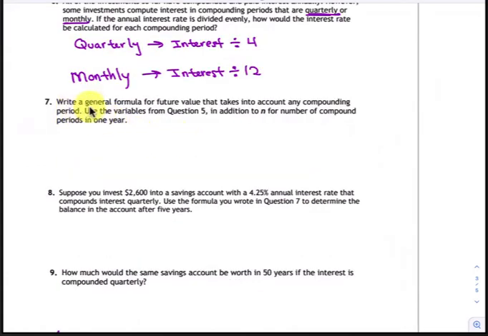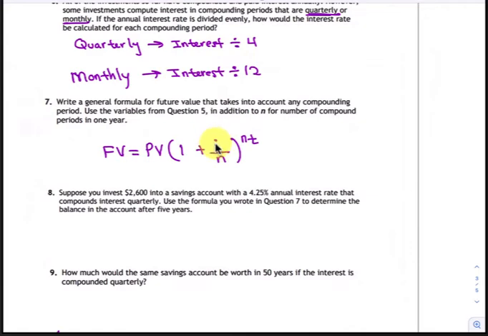Okay, number 7, write a general formula for future value that takes into account any compounding period. Use the variables from question 5 in addition to n for the number of compound periods in each year. All right, so the variables from question 5 were FV, that's future value, equals PV, present value, times 1 plus the interest rate.